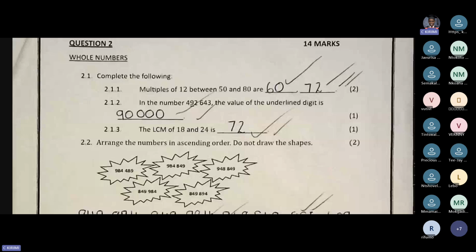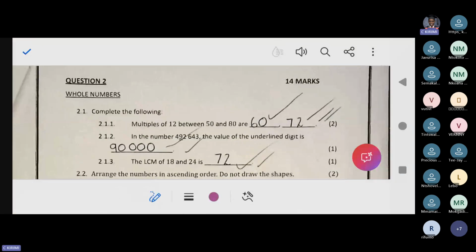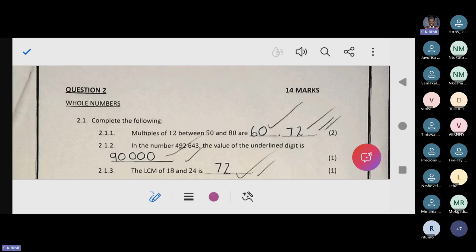Then that number will be a multiple of 12. So if we want to start from the multiples of 12 from 50, which first number are we going to get? Sixty is the first multiple after 50, followed by 72. Then we add again, we have 84.